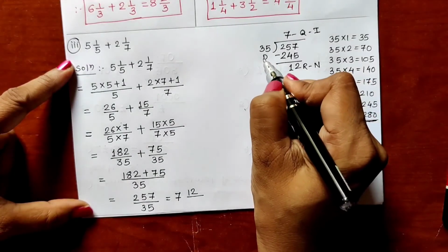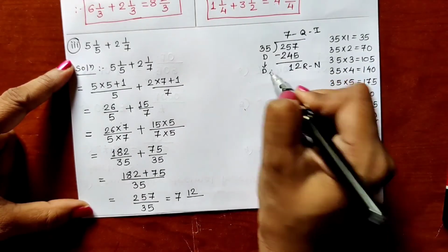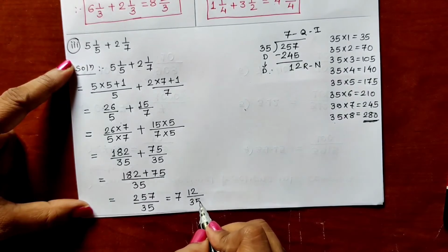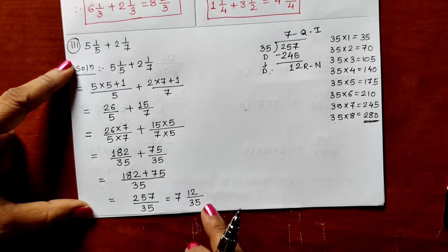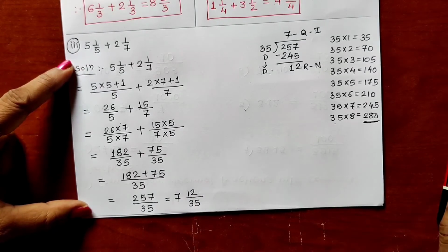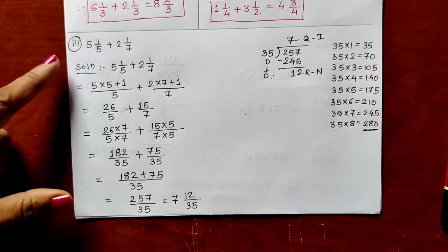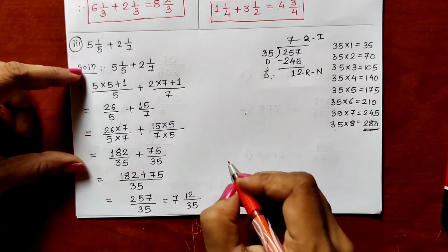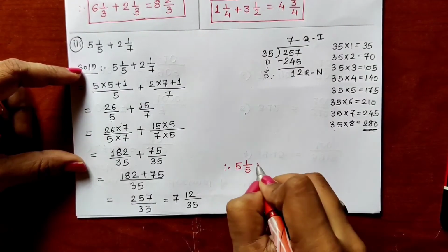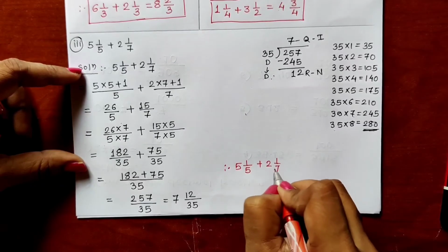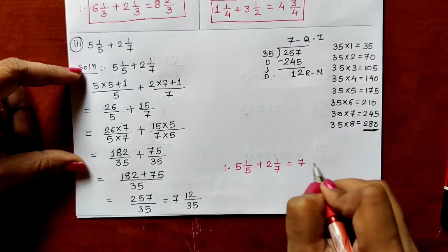And divisor 35 is the denominator. So in this way we have got the answer as 7 integer 12 upon 35. Write the answer properly. Therefore 5 integer 1 upon 5 plus 2 integer 1 upon 7 is equal to 7 integer 12 upon 35.